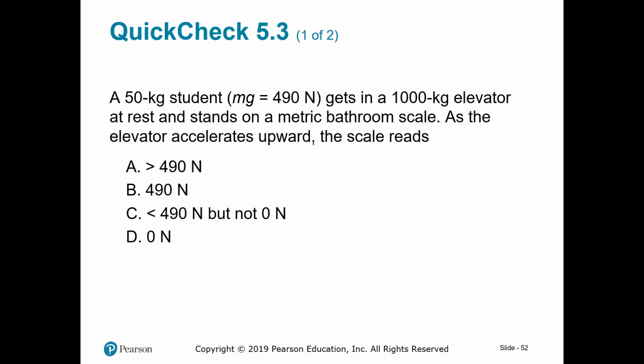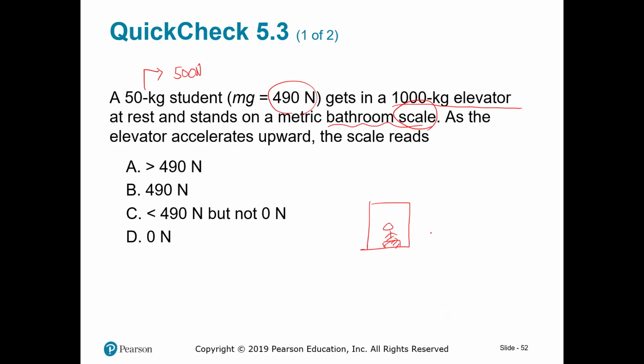And next question. A 50 kilogram student again, so his weight is 500 Newton, or 490, doesn't matter, gets in a 1,000 kilogram elevator at rest and stands on a scale so you can measure the normal force, right? As the elevator accelerates upwards, so now you have an elevator and the person on the scale, right?